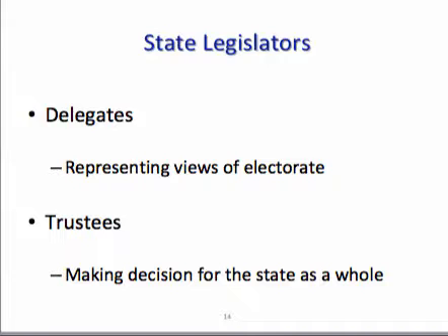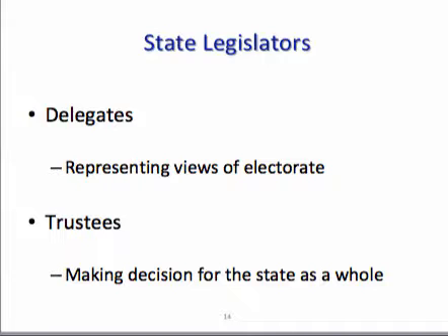And the trustee position is someone who is elected and is more concerned about making wise decisions for the state as a whole, rather than making decisions that narrowly benefit or reflect the interests of his or her particular constituents.